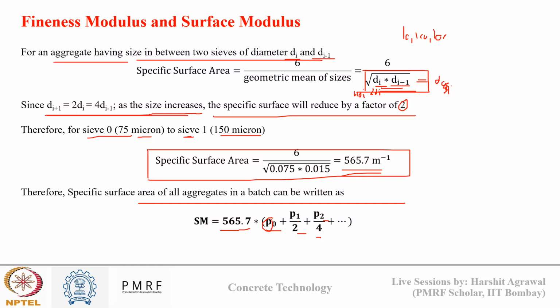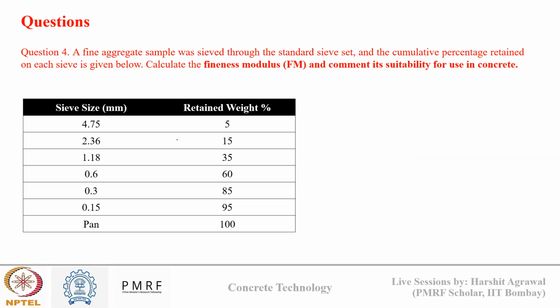Here p is the percentage of aggregate in each sieve size. So 0 represents this range, 75 micron to 150 micron. 1 represents 150 micron to a higher size of sieve, then the next higher size, and subsequently we divide by 2 because my sieves are arranged in a geometric progression.